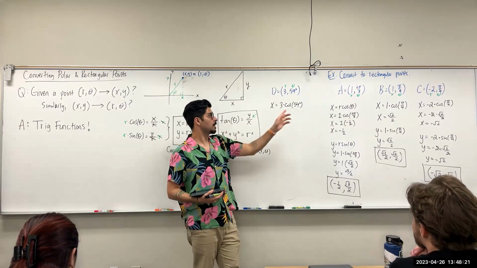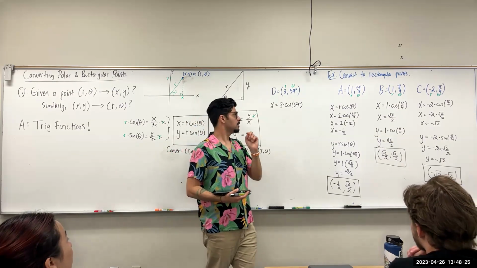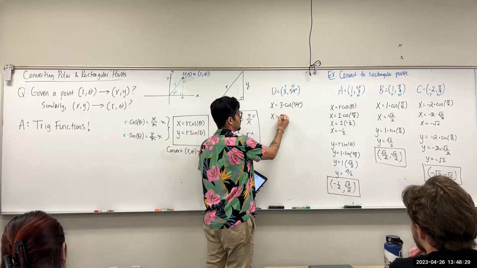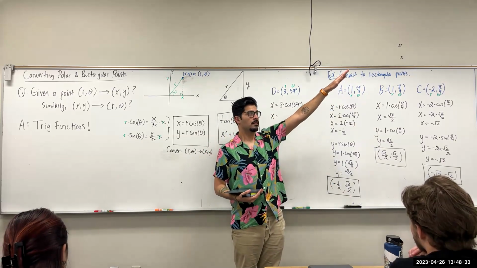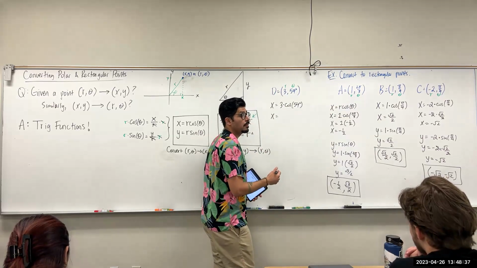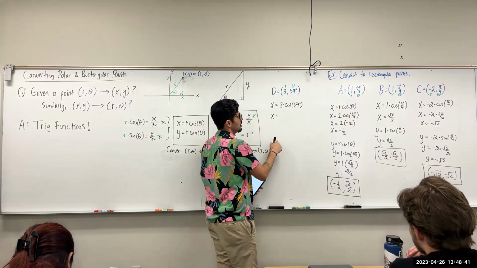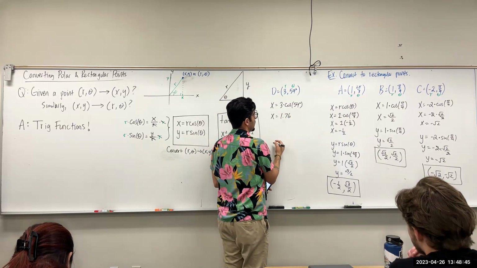Okay, someone help me here. What's cosine of 54 in degree mode? Let's see, 45 is here, right? So it should be 0.587 times 3, 1.76. 1.76, let's say, okay?